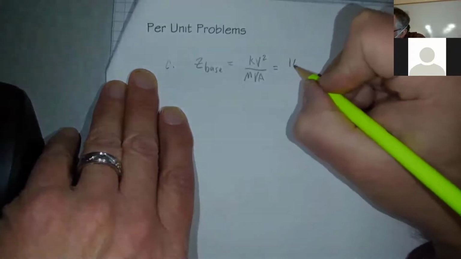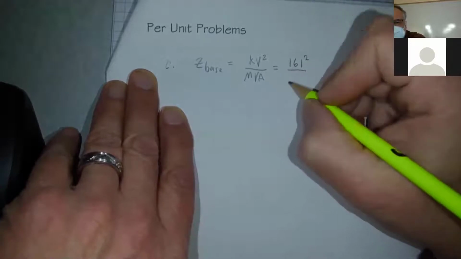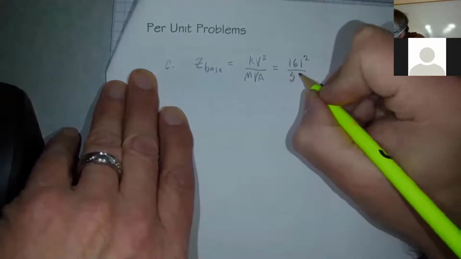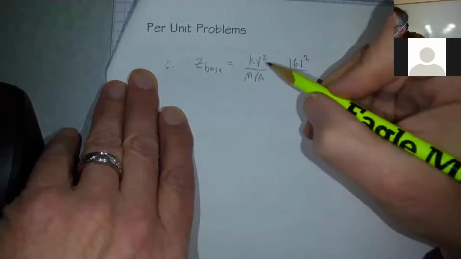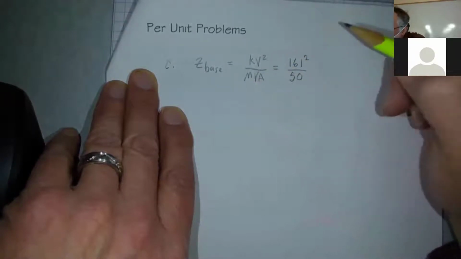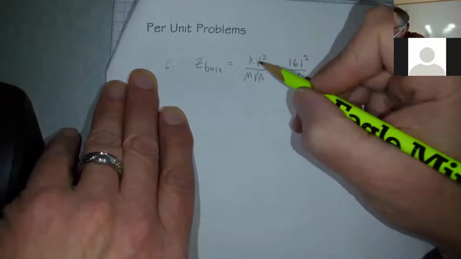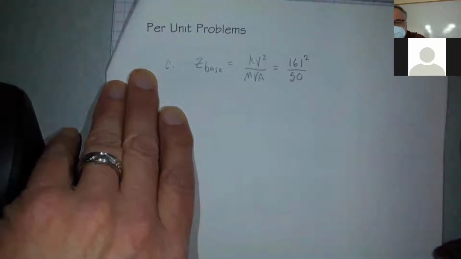All I have to do is put in the number here, 161 squared divided by 50. And that'll give you your Z base. One of the volts would cancel, so you're left with volts over amps. So that's ohms. So that's a good thing, right?